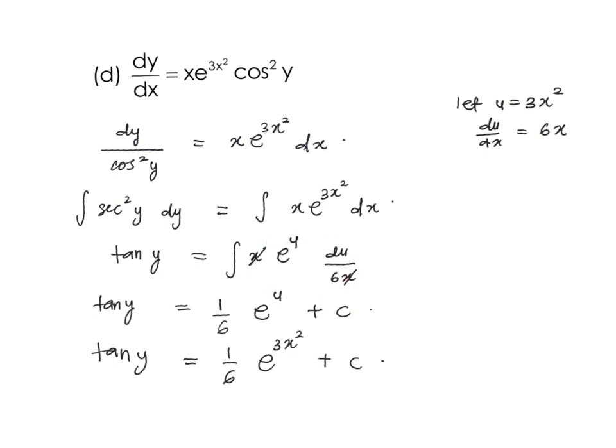Integrate this one, so you get 1 over 6 e to the power of u. Substitute back u with 3x squared. So the final answer will be tangent y equal to 1 over 6 e to the power of 3x squared plus c.